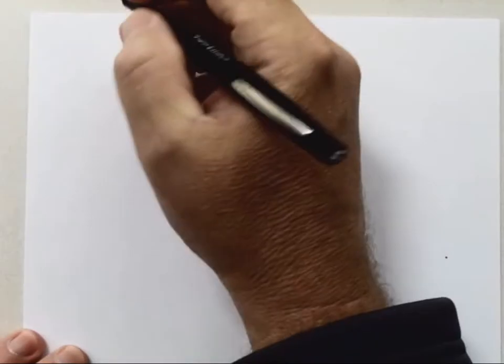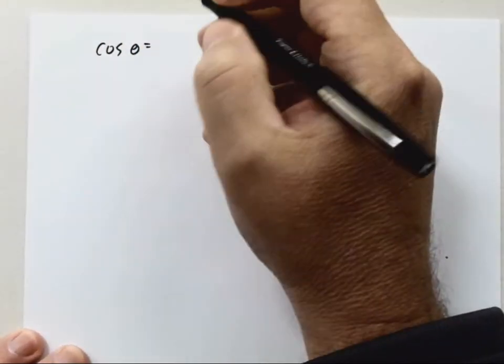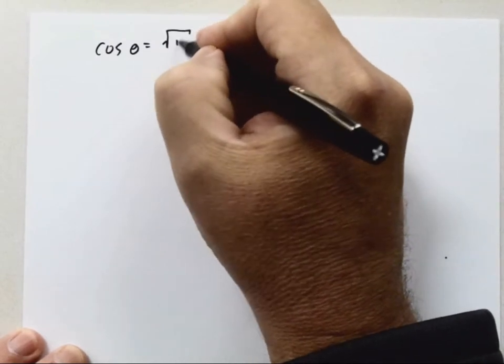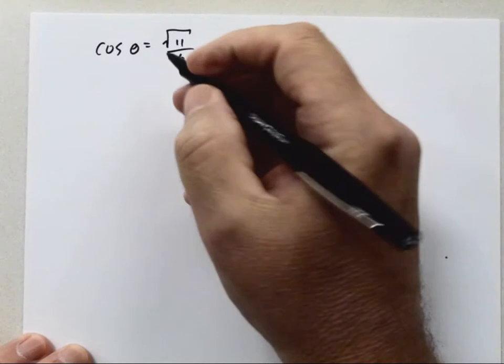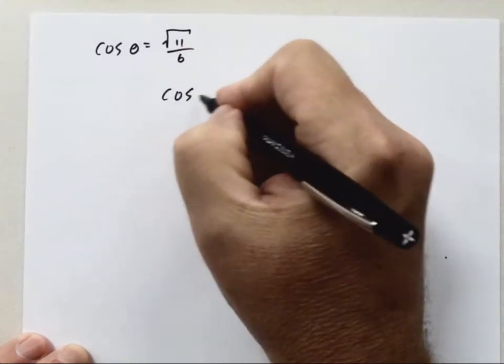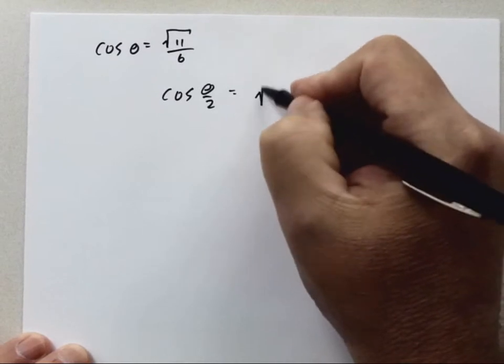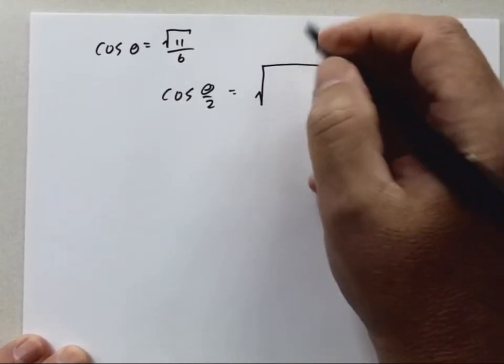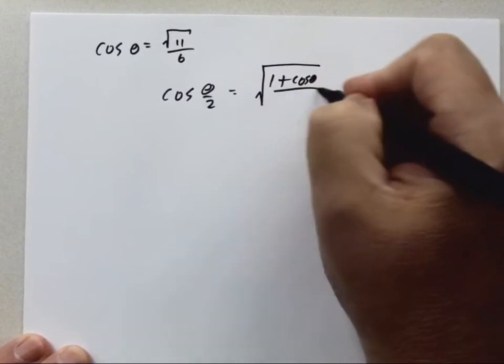So once again, let's write down the key information. First of all, from way back at the beginning, we figured out cosine of theta is square root of 11 over 6. And we know for the half angle, we figured out it's going to be a positive. So it's positive the square root of 1 plus cosine of theta over 2.